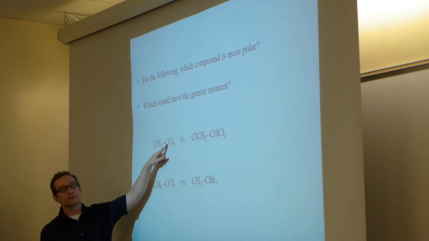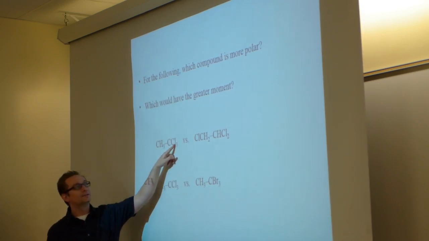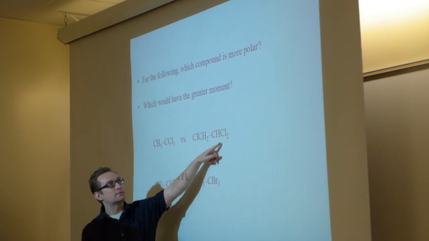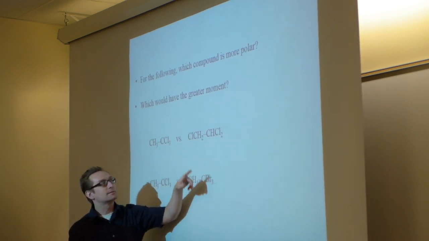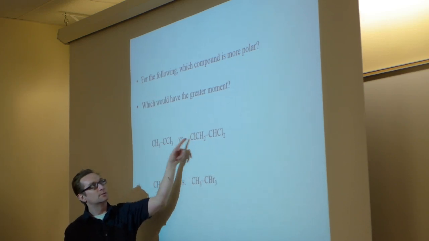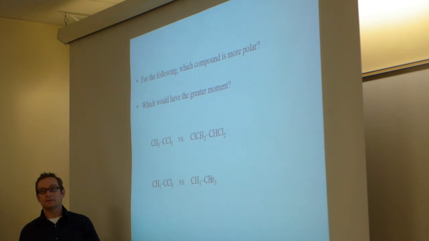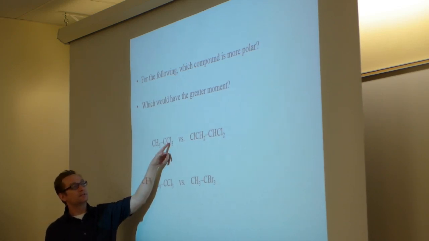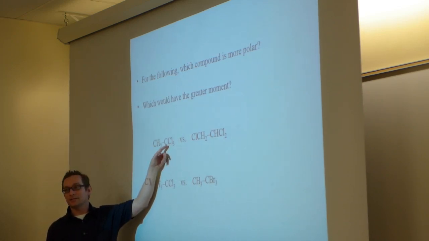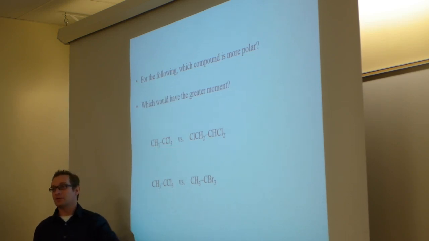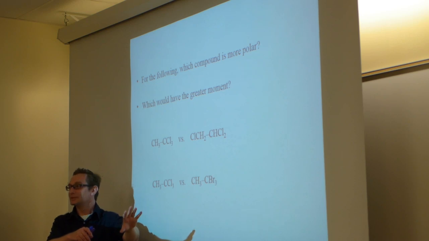On the carbon atom on the right, you've got 3 chlorines. In this other situation, you've got a chlorine on this side, but you still have 2 chlorines on this side. So between these two, which one would be more polar? The one on the left, right? Because the chlorines have the collective higher electronegativity. When they're on one side of the molecule, that means all the electrons are more on one side of the molecule.